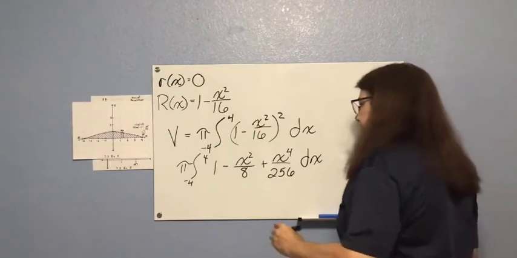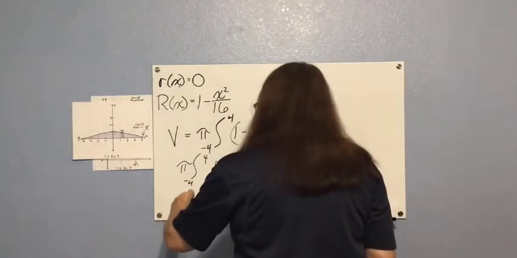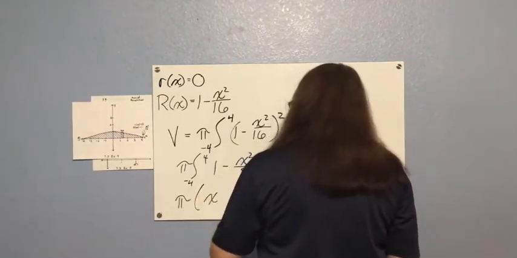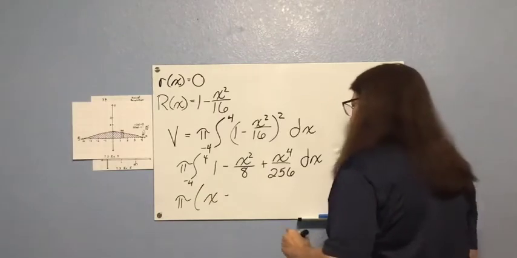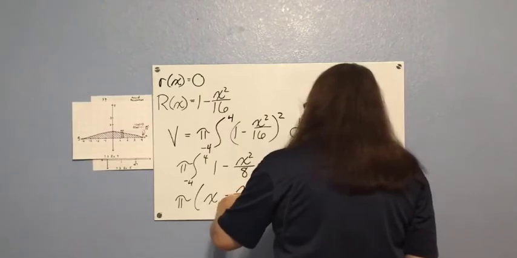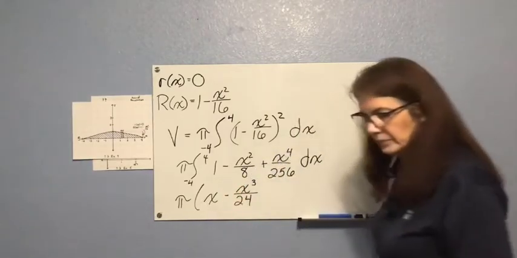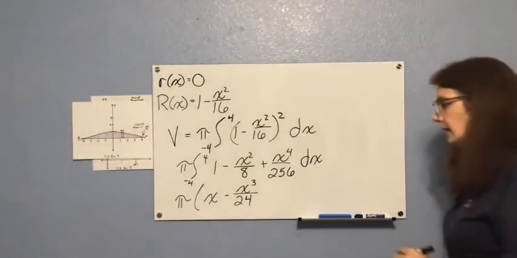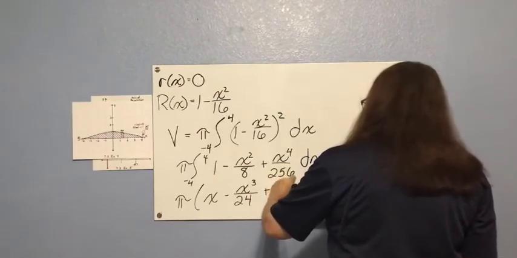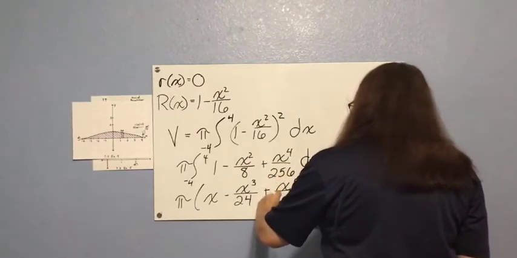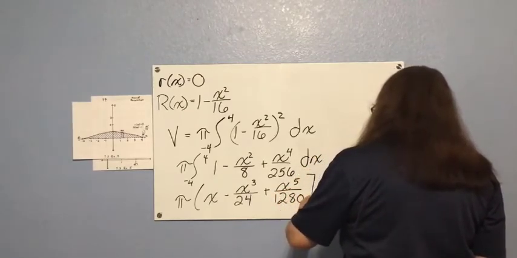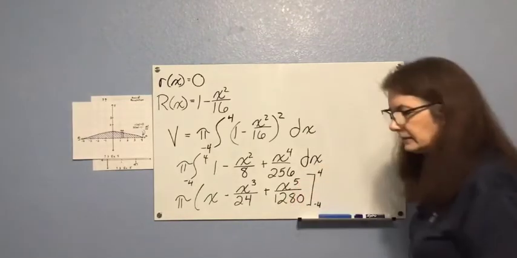Now I'm going to integrate. 1 just becomes x. X squared over 8 is going to become x cubed over 24. And then x to the 4th over 256 is now x to the 5th over 1,280. And we're evaluating from -4 to +4.